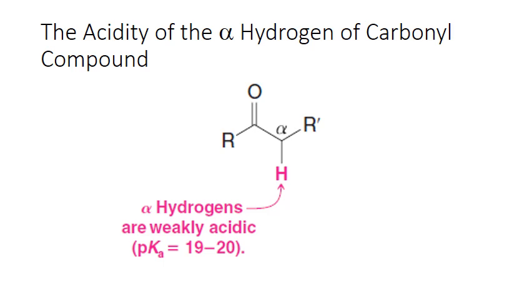For example, hydrogen in ethane, pKa 25, hydrogen in ethene 44, hydrogen in alkane about 50. Well, remember that the pKa for alpha hydrogen in aldehydes and ketones is about 20.